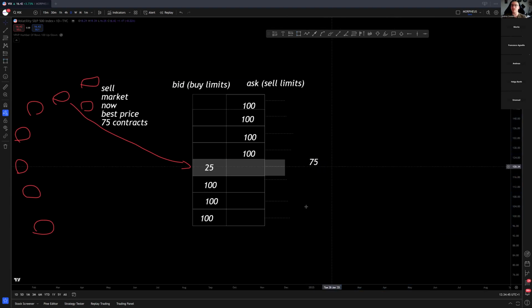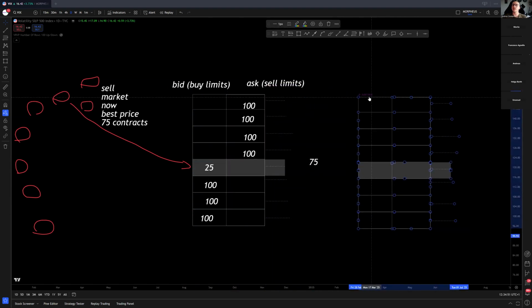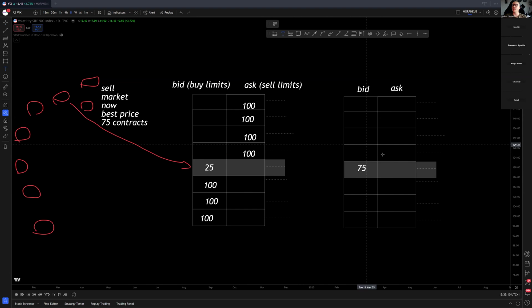So we had 100, 75 were hit, and they go right here in the footprint, in the bid column. Here we have the ask column, and automatically our footprint puts a 0 here because we have this level.